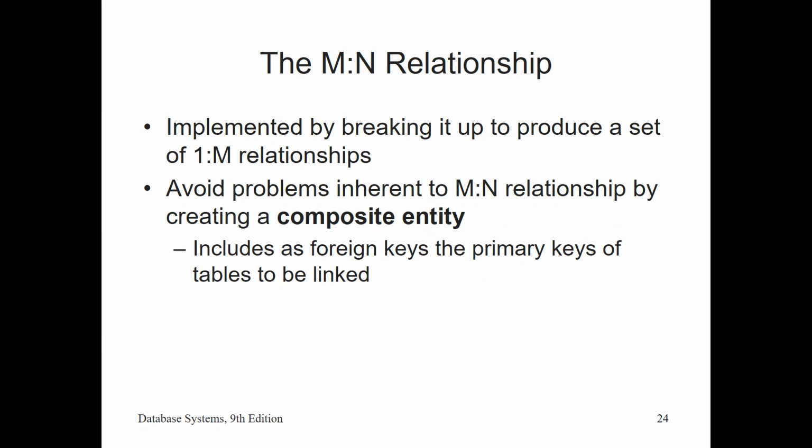It is implemented by breaking it up to produce a set of one-to-many relationships. Avoid problems inherent to many-to-many relationships by creating a composite entity. A composite entity includes foreign keys, the primary keys of the tables to be linked.